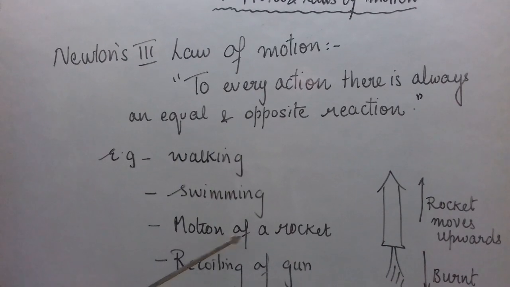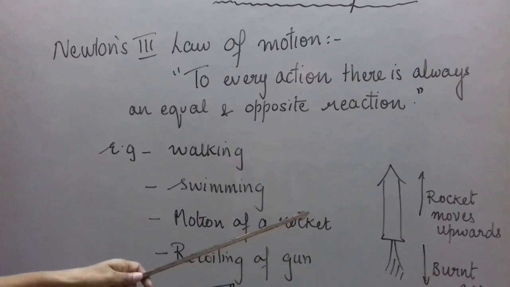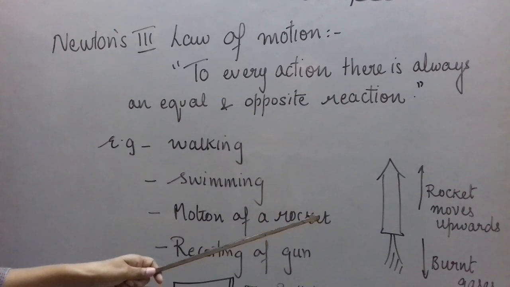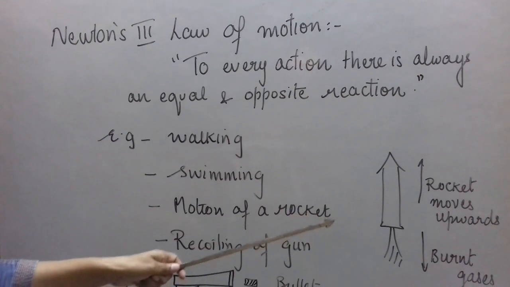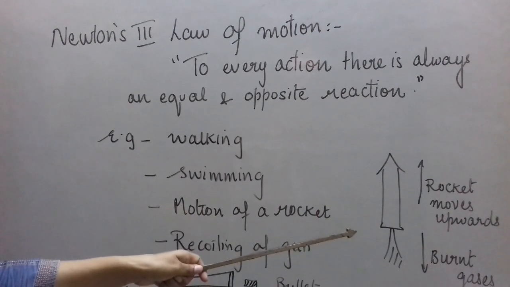Motion of a rocket. The rocket has fuel inside it near the tail area, and that is burnt. When fuel is burnt, hot gases are produced which are compressed under high pressure. They are allowed to escape from the nozzle near the tail side.